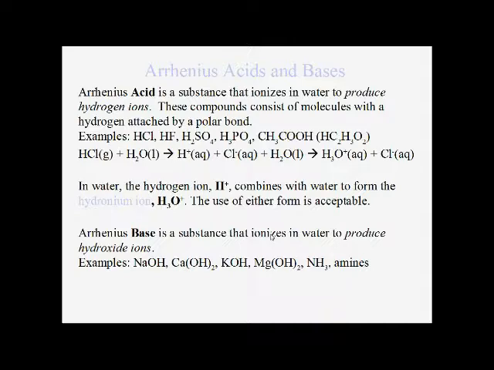Now, our Arrhenius bases are substances that ionize in water to produce hydroxide ions. So most of these are going to be metal hydroxides. Sodium hydroxide, calcium hydroxide, potassium hydroxide, magnesium hydroxide. We do have a class of compounds based on nitrogen. Ammonia is the simplest example, NH3.